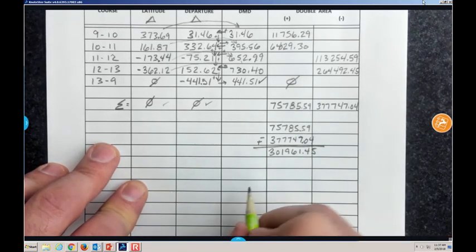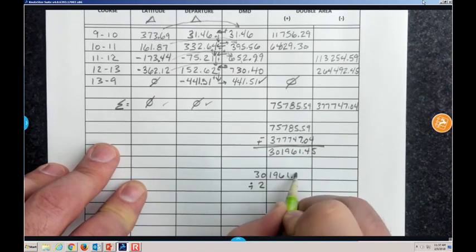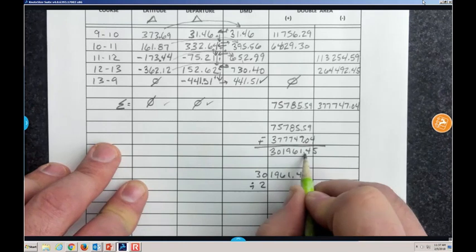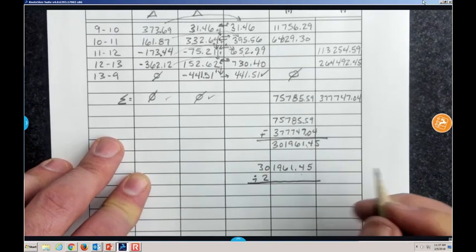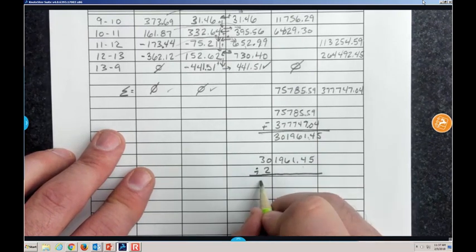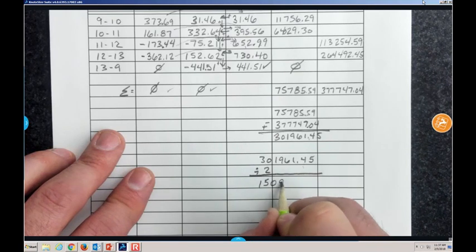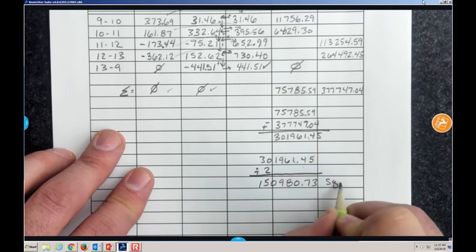So we got to divide that by 2. This is our double area, so now we're making it the actual area in square feet, which is 150,980.73 square feet.